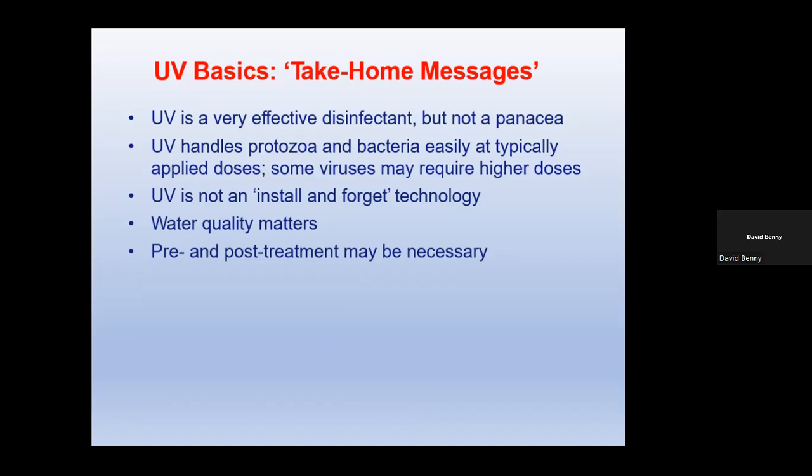What happens if you use UV for an installation, especially a small installation? The majority of our small treatment systems use either the Salco 3G UV system or the Norweco 1580 systems, right? These are designed for handling 3 gallons per minute flow, very small, but people install them and forget about them.